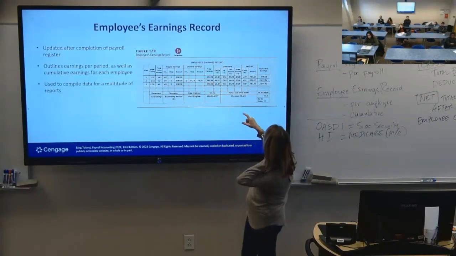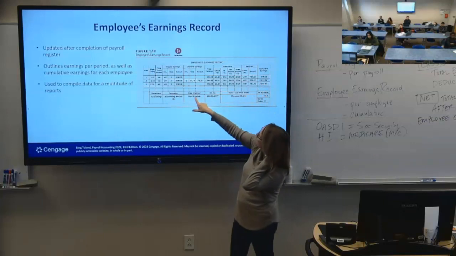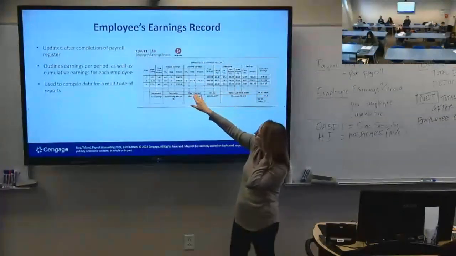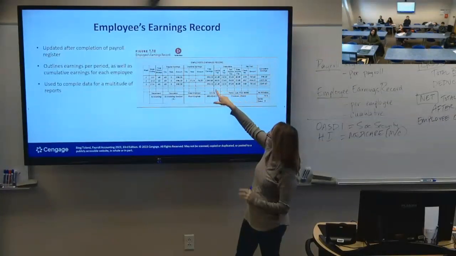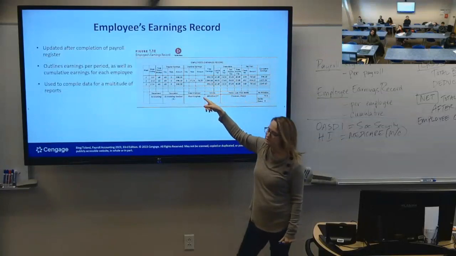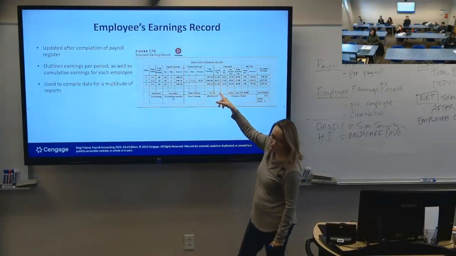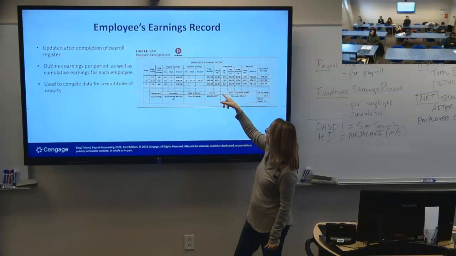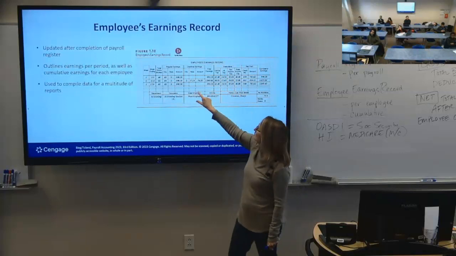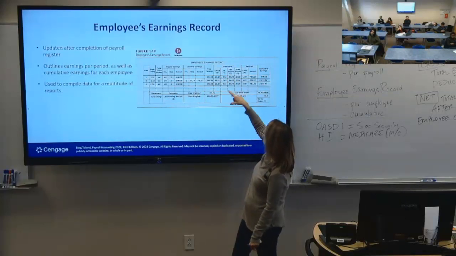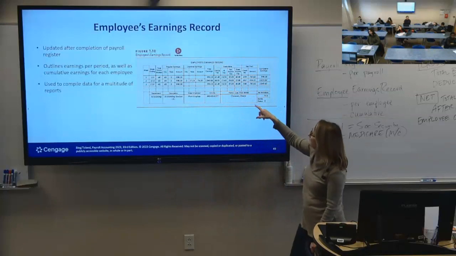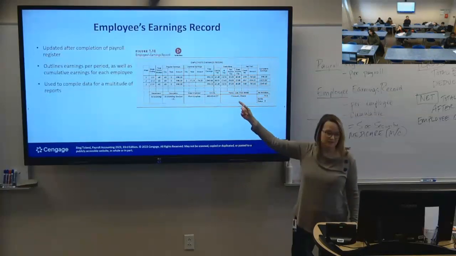Now they don't have it on here, but there would ordinarily be a total down at the bottom as well, so that we know the total gross earnings, total Social Security taxes that were withheld, total Medicare taxes, all of that. Normally you would see that at the bottom. They haven't included that here because we're going to want to know that at the end of the year.